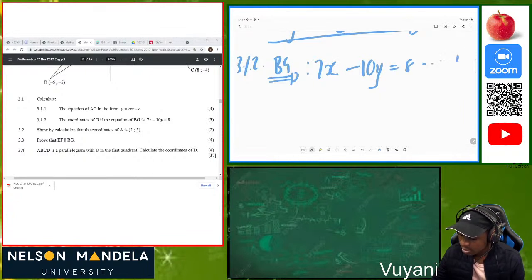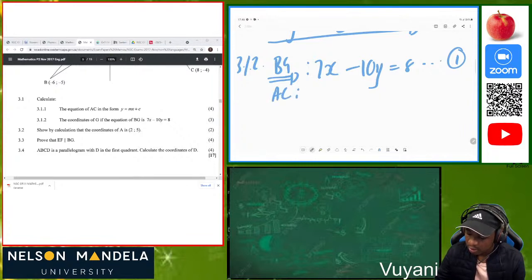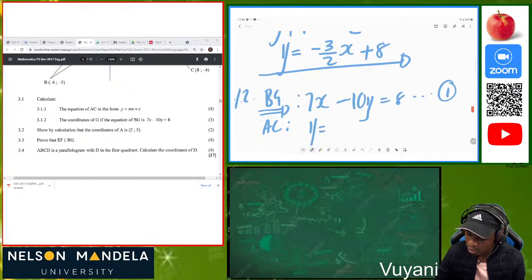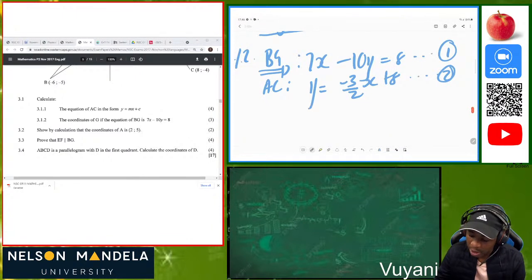Let's call this equation 1. Then let's look at the equation you calculated for AC. On our equation of AC we have y equal to negative 3 over 2 x plus 8. That's our equation 2. Why are we doing this, guys?